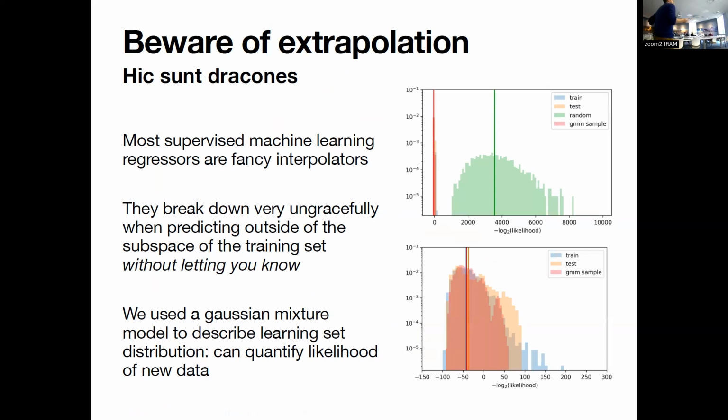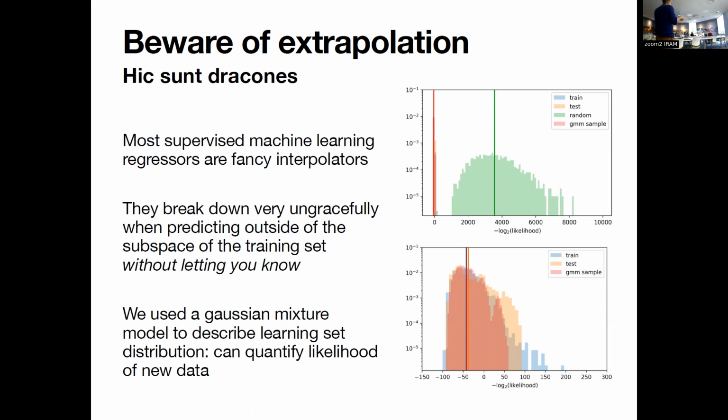What you have to be careful with in regression methods is extrapolation. Most supervised learning methods are fancy interpolators. They do fancy interpolations in a parameter space, but they break down very ungracefully when predicting outside of the subspace of the training set.